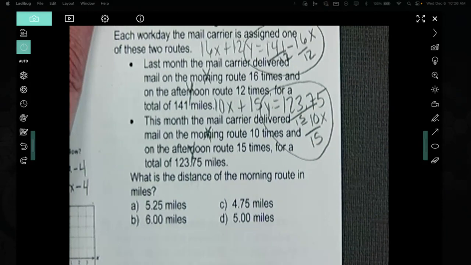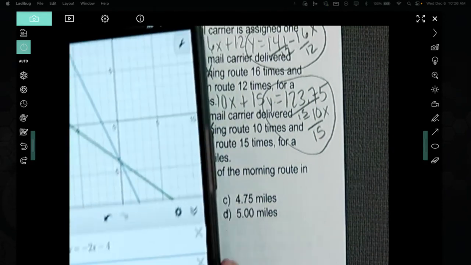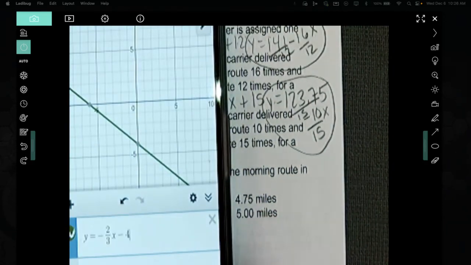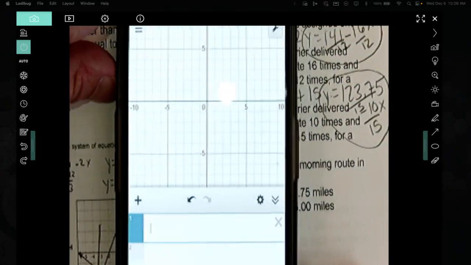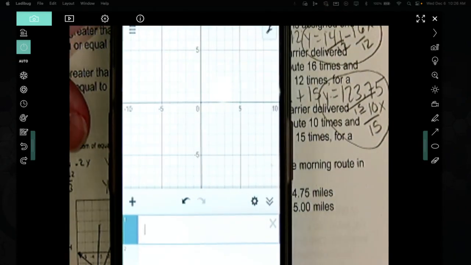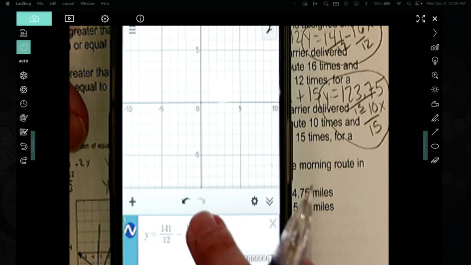If I go to my Desmos, remember, you can put those in with the fractions. If you don't change this correctly, though, it's not going to matter. 141 over 12, because that is not a very pretty number. And then we have minus 16 over 12.